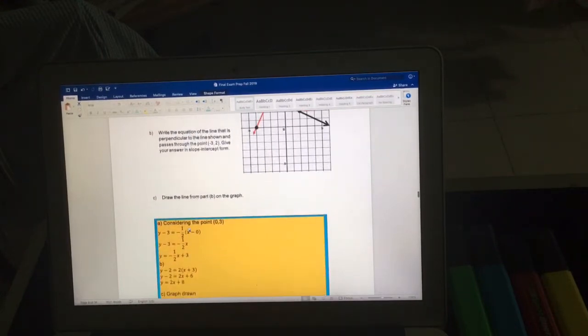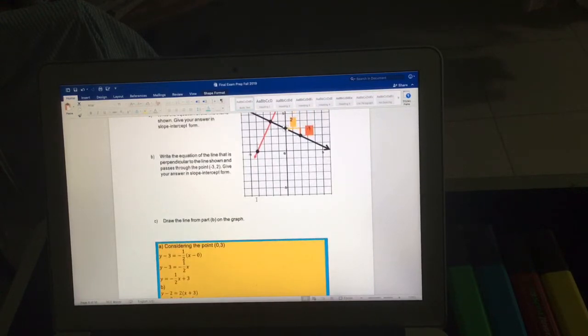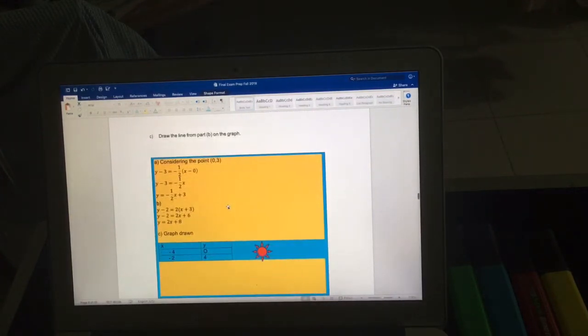And the next one is, we have to find another line which is perpendicular to this line and passes through the point -3, 2. So this is -3, this is 2. The line passes through that point. The perpendicular line will be, as you know, m1 times m2 equals -1.